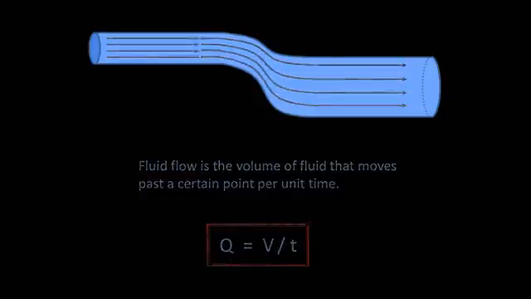We'll take an arbitrarily long section of narrow pipe here, and we'll define the cross-sectional area as area 1 and the length of the section as L1. From what we have just learned, Q1, or the flow of fluid through this segment, will be equal to the volume divided by time.